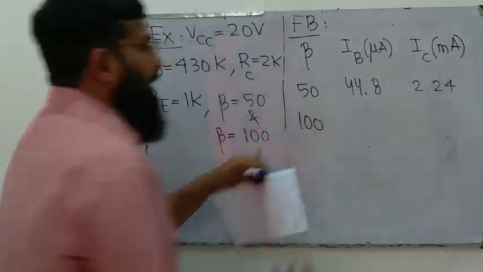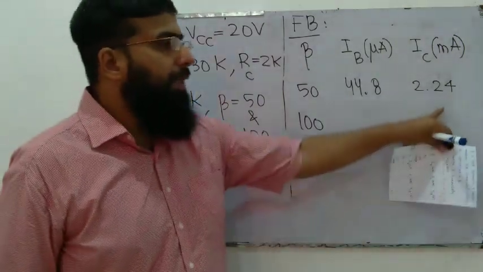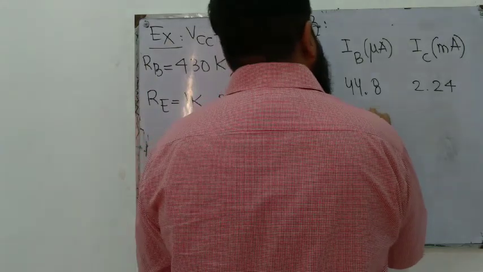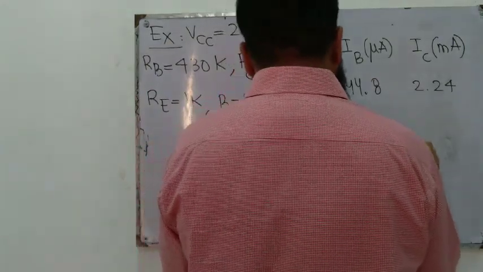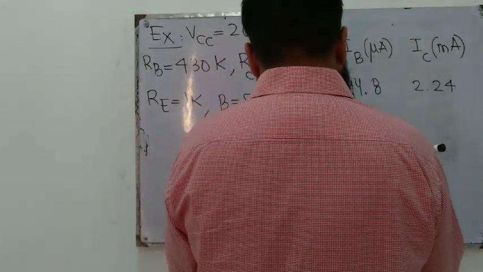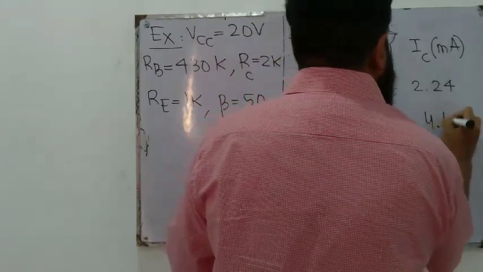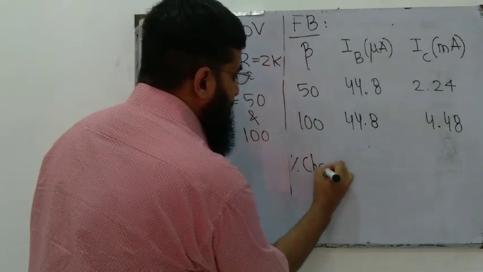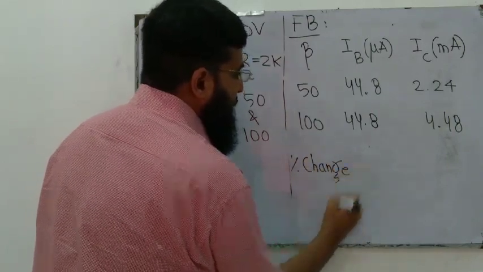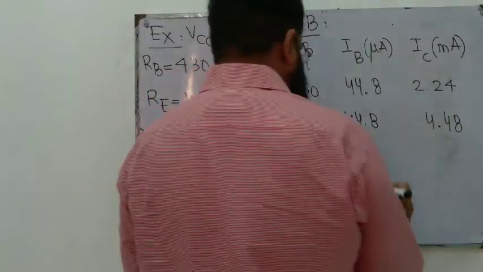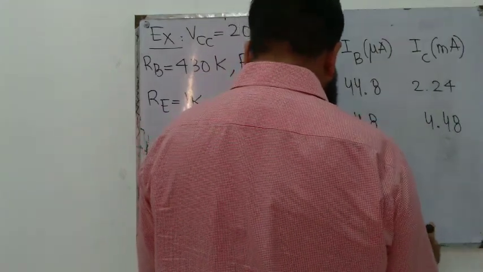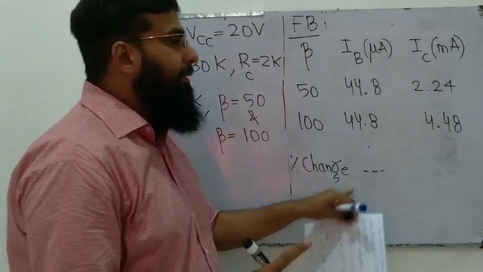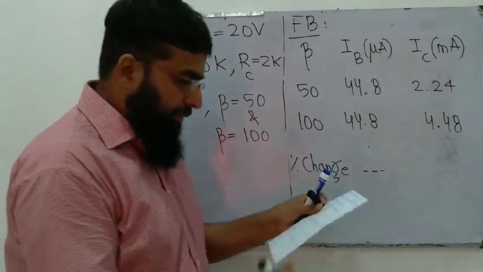But if we increase the value of beta to see how stable IC is versus variations in beta, IB remains the same, 44.8 microamperes, and IC becomes 4.48 milliamperes. So percentage change: IB has no change, or the change is not significant, because IB doesn't set the operating point of the transistor.